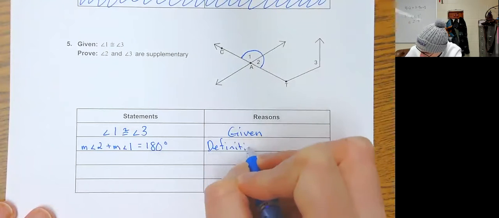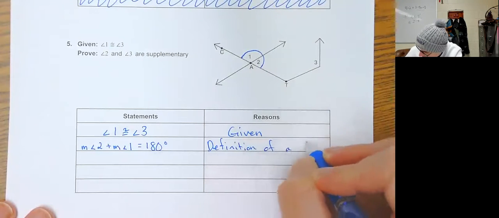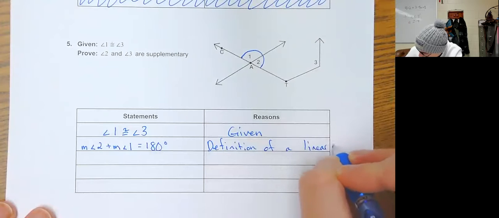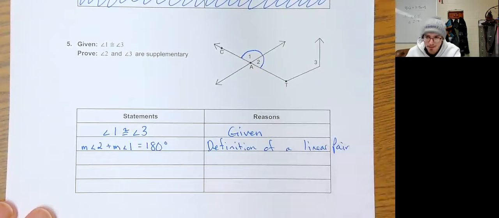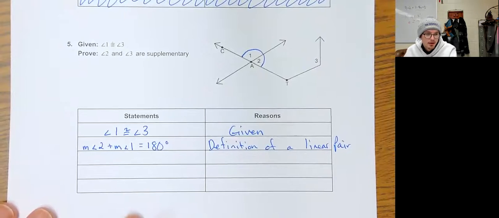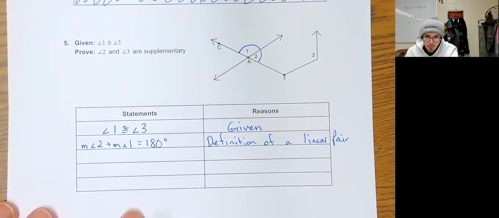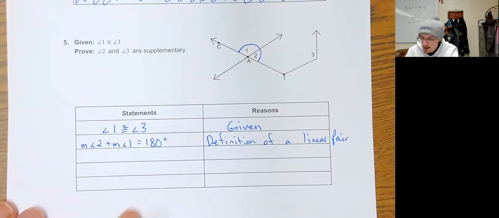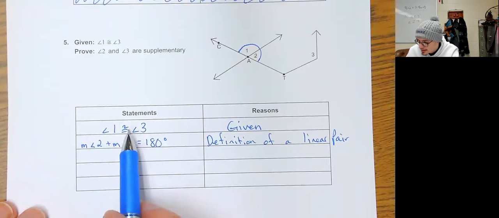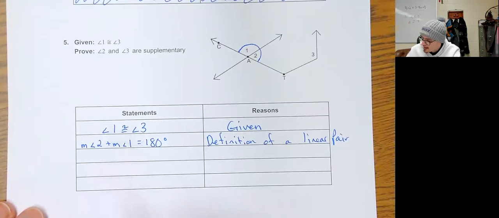Definition of a linear pair. Don't know why I capitalized the P. I'm going to roll with it. Definition of a linear pair. Okay. Well, I have addition, equal sign, talking about the measure, and here I have a congruence. That's an issue.